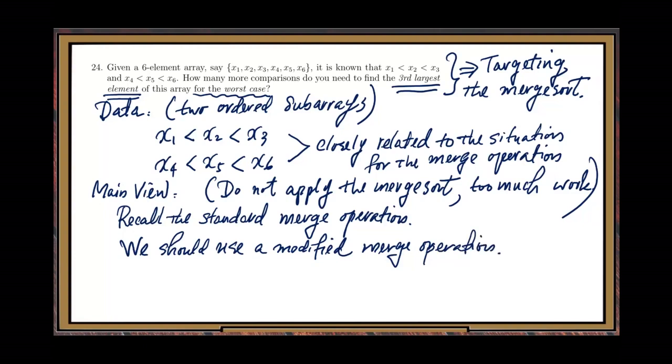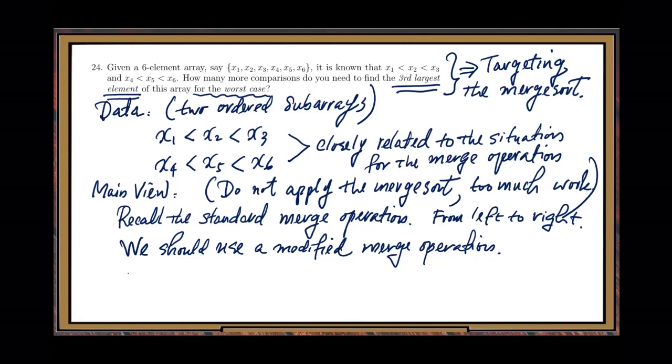In the standard merge operation, we process the data from left to right, putting elements in place from smallest to largest in ascending order. That's what we did in the standard merge sort. But here we modify in the opposite way.